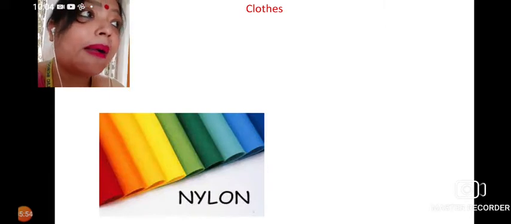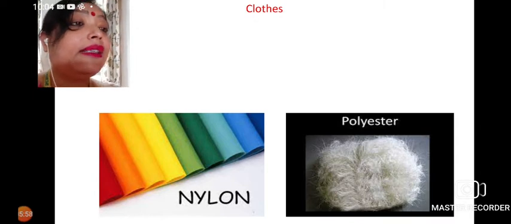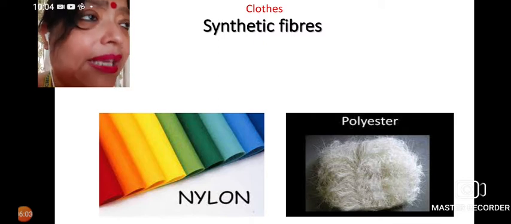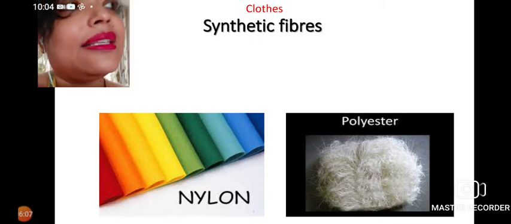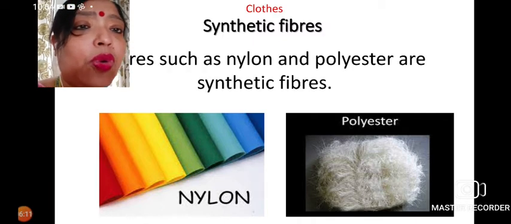What are the examples? For example, nylon and polyester. These are all synthetic fibers. We can use nylon for rope and many things, and polyester we can use for making different types of clothes.